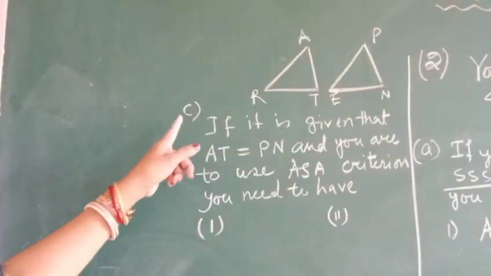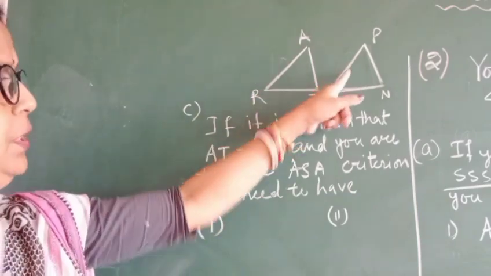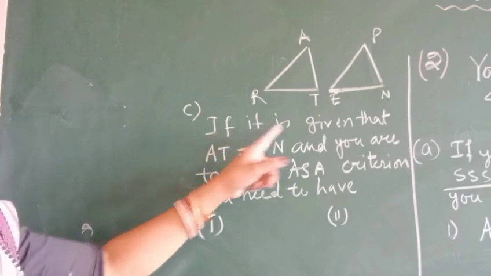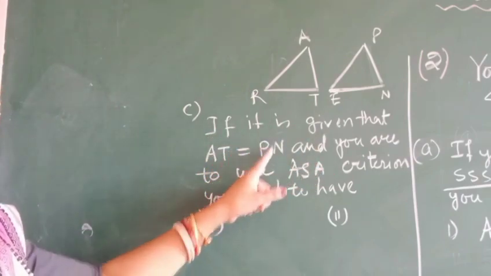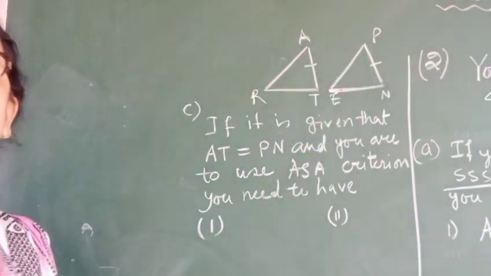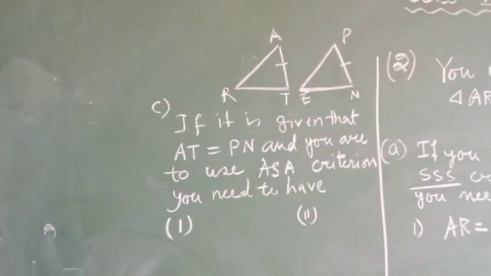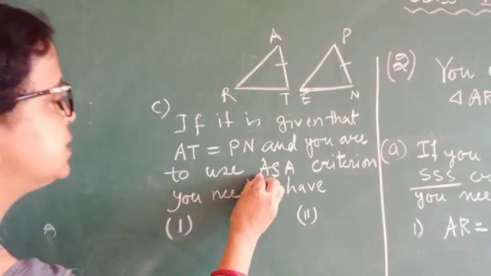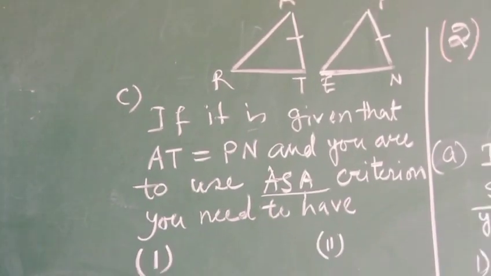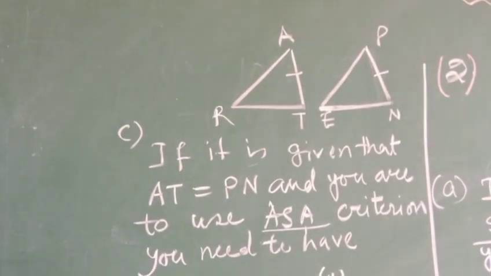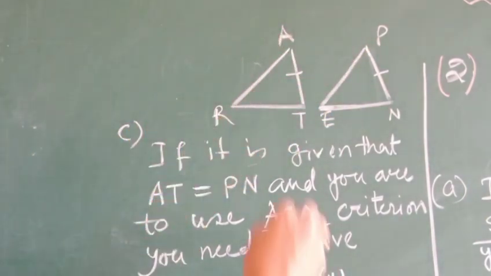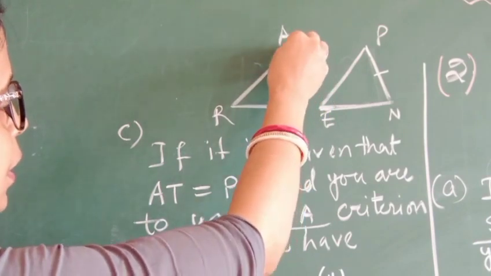In question number C, again triangles ART and PEN, the same triangles, are given. If it is given that AT is equal to PN, and you have to use the angle side angle criteria, then the side will be in between, students.